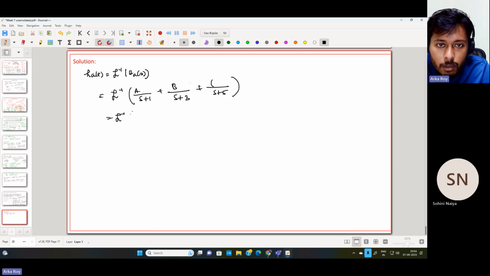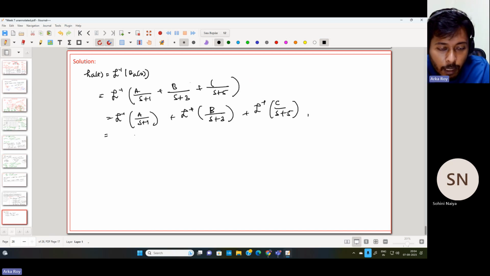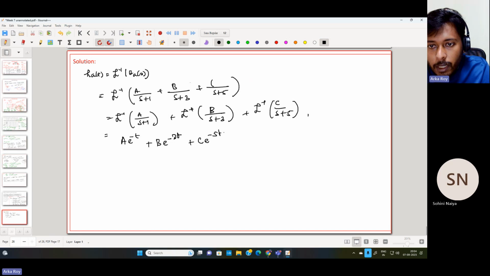So Laplace inverse of A by s plus 1, Laplace inverse of B by s plus 3, and Laplace inverse of C by s plus 5. So if I do this, I will get A e to the power minus t, B e to the power minus 3t, and C e to the power minus 5t, multiplied with u(t). So this is what my h(t) looks like.